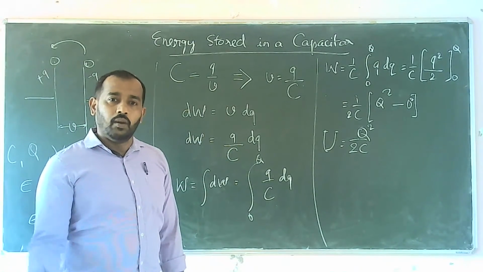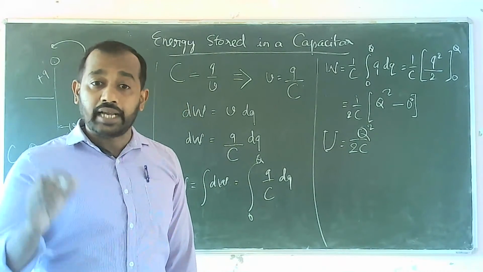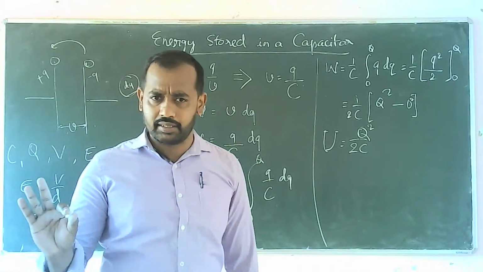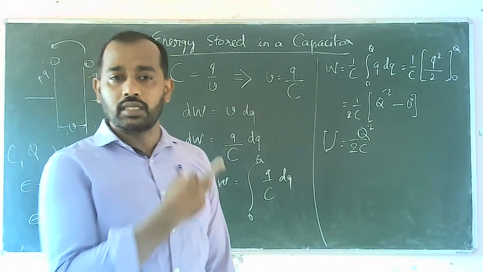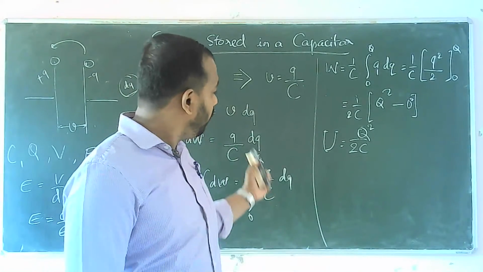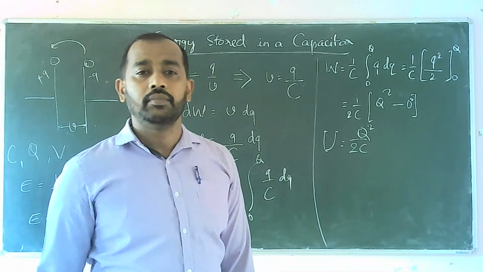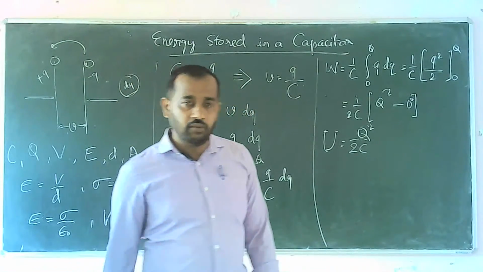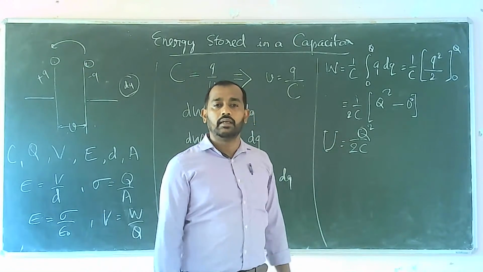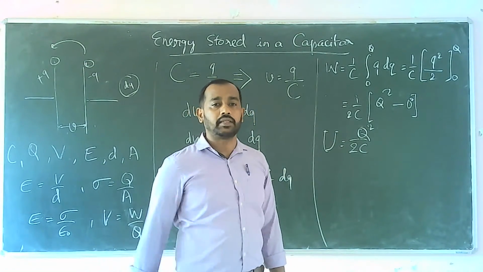Now, at the point where the derivation ends, the actual physics starts. It is only mathematics, nothing but the mathematics. But actual physics begins now. So how are we going to analyze that equation? That is the question here. There are various forms in which the expression for the energy stored by the capacitor can be written. So how can we write those expressions?